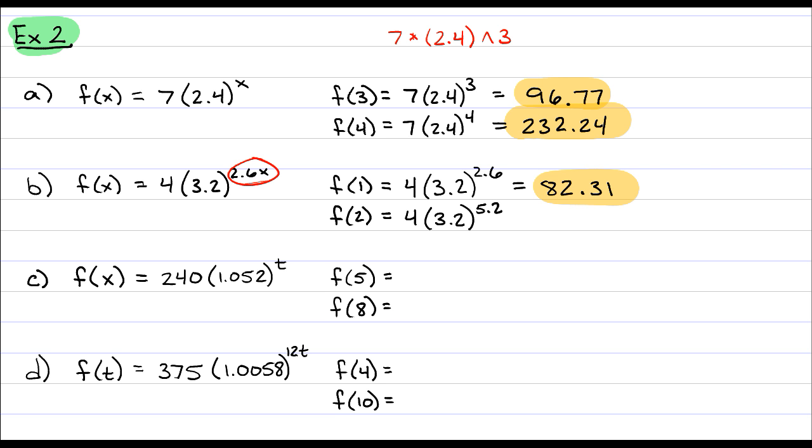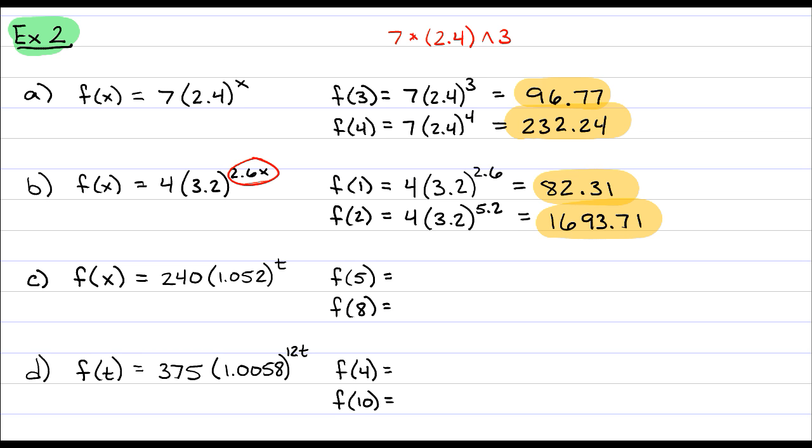So 5.2 is what I'm going to use as the exponent here. Then I plug this into my calculator, and this is going to give me 1,693.71. Okay, so that's the basic idea. Let's take a look at a few more examples.